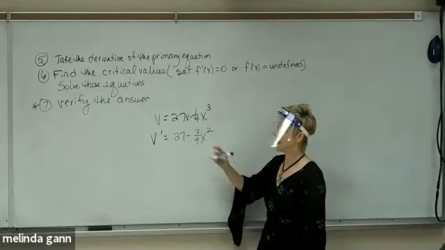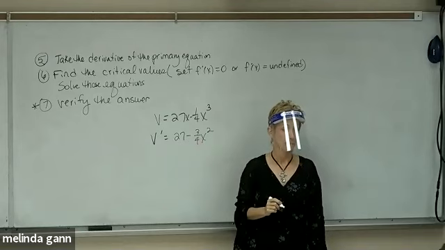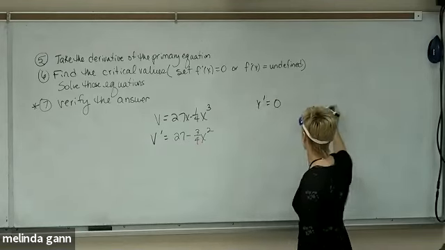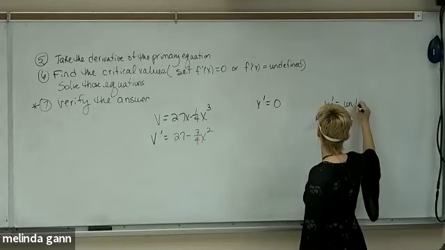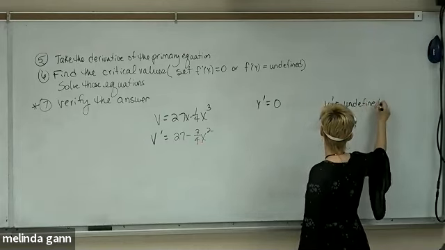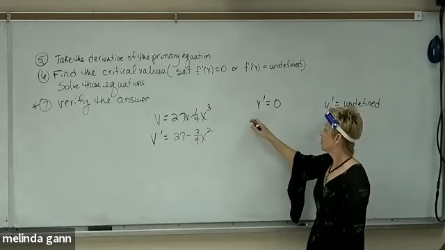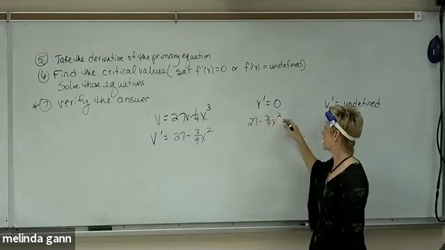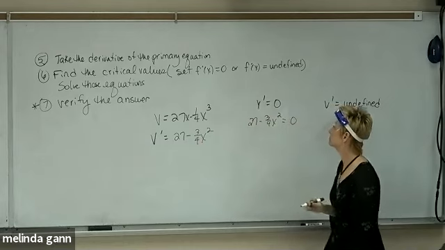Now, what do I do next? I've got to worry about where that thing is 0, and where that thing is undefined. All right. When is 27 minus 3/4 x squared going to equal 0?